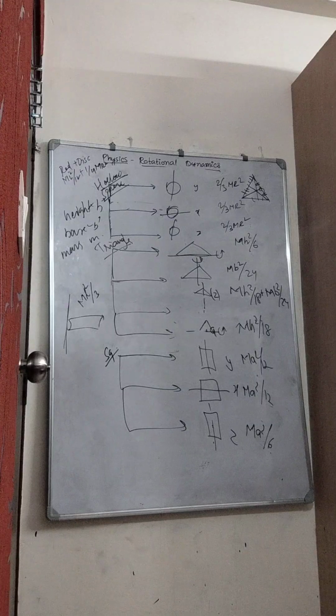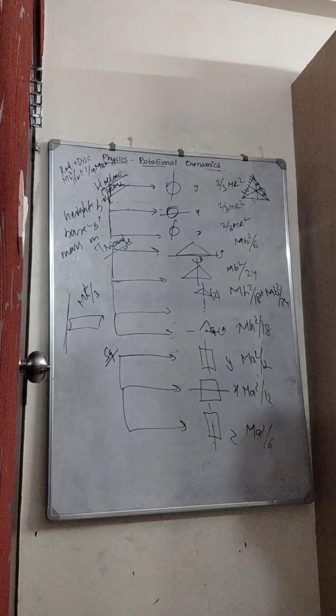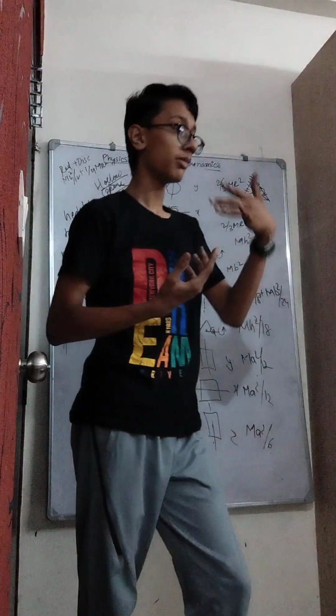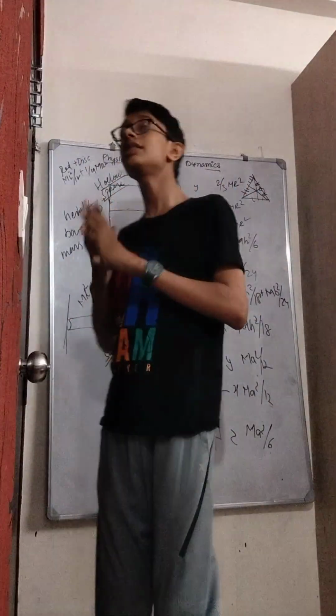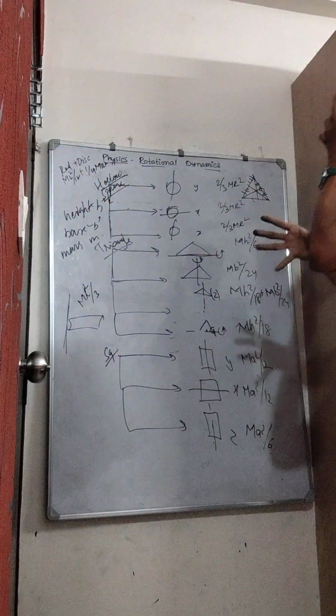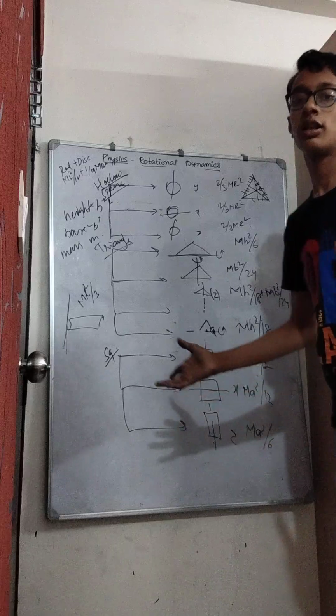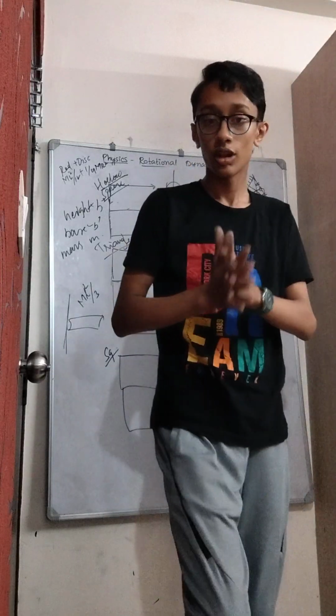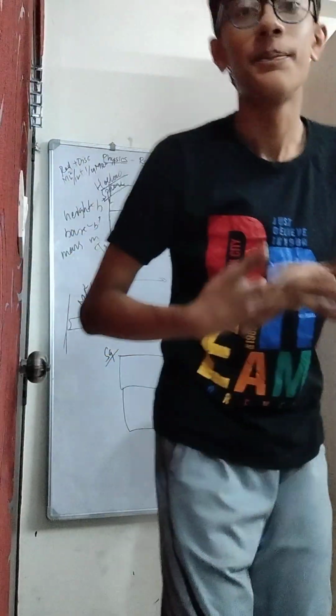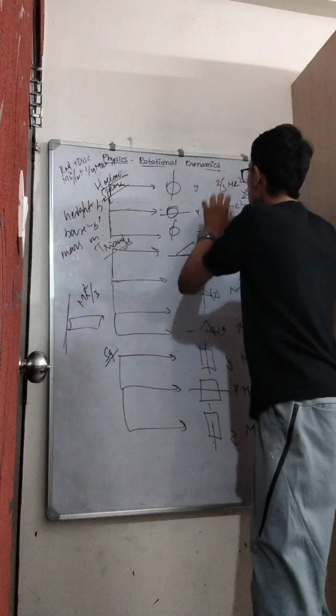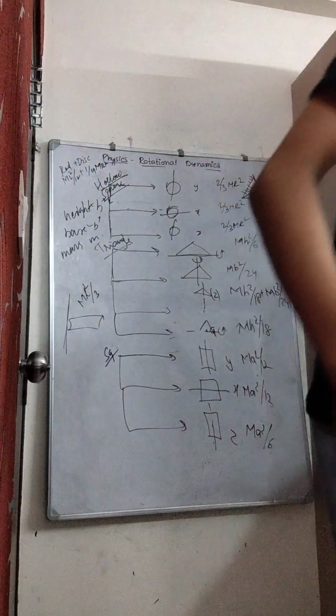Okay, so now this is for all the shapes that I could find in my 11th book, and based on all the three axes. So now all of this is correct, according to me.